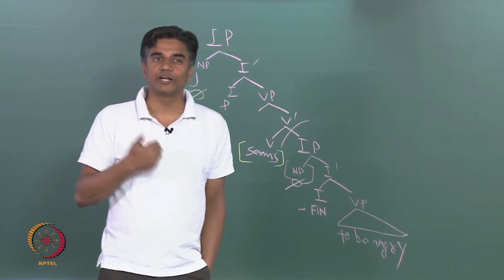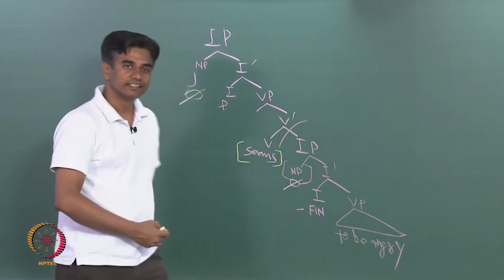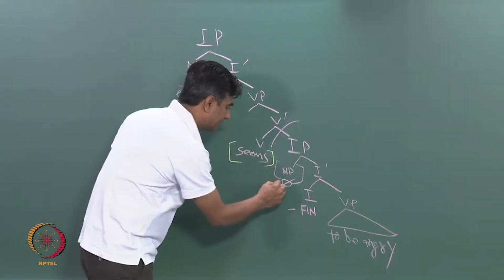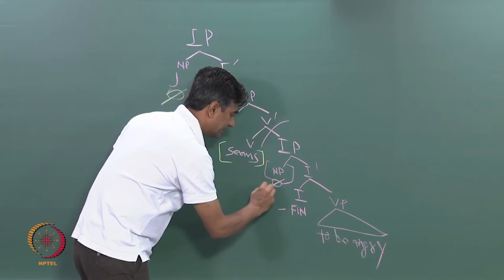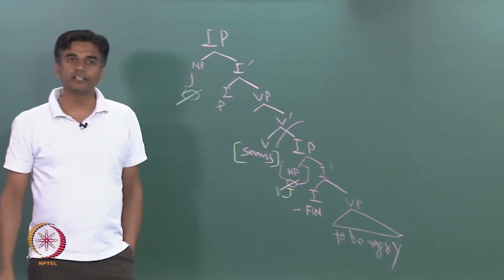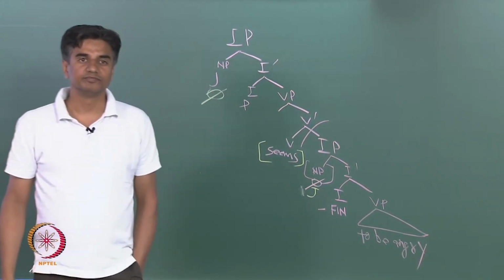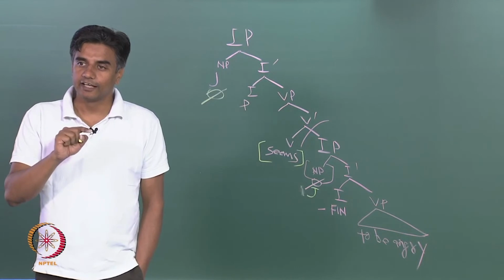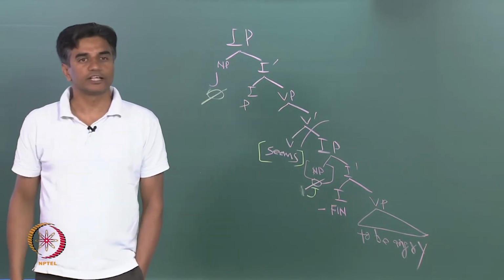If it is not there, then where do you see it? You see that here, right? Here is John. What's the problem here? Why can it not stay here? It may be here in the deep structure, but it cannot stay here.